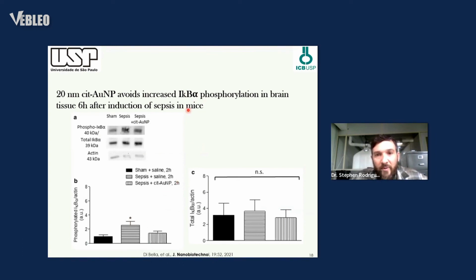So if I-kappa-B is phosphorylated, it cannot inhibit NF-kappa-B. This is why gold nanoparticles reduced inflammation in the brain, reducing ICAM-1 expression as well.